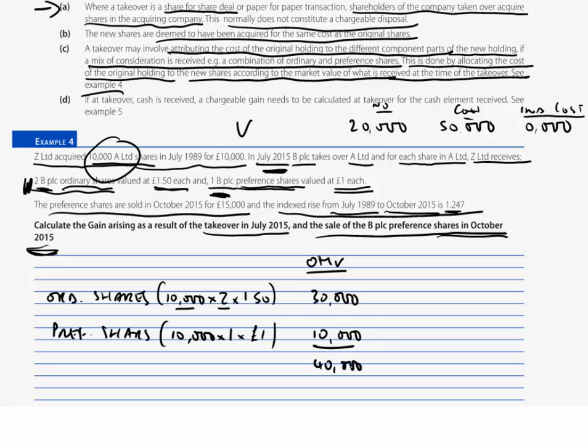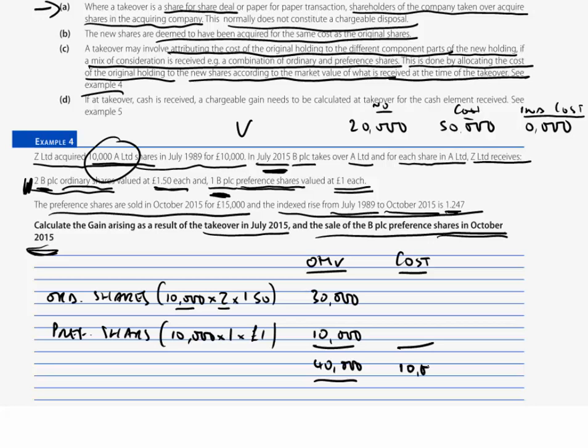So we have received £40,000 worth of shares in the new company B plc, made up of £30,000 worth of ordinary shares and £10,000 worth of preference shares. Use those market values now listed to divide out the figure we were provided with in relation to the original A Limited shares.